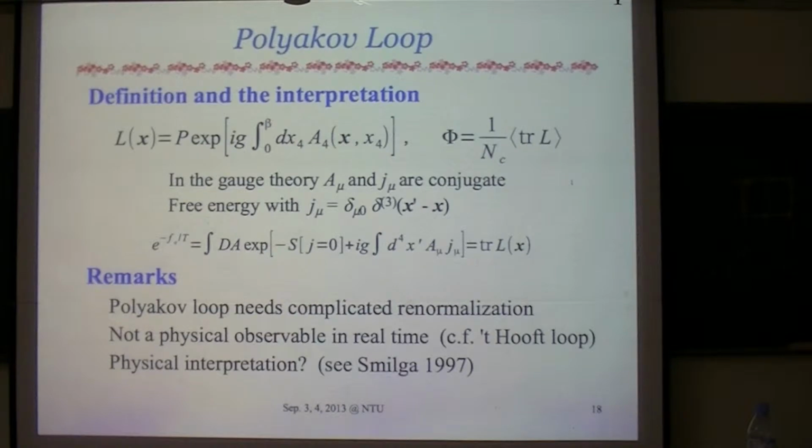Because as I said, the Polyakov loop is the energy difference in the presence of a single quark. And you know that in the gauge theory, the current and the gauge fields are conjugate variables, and so this interaction must always appear as the A dot J in the Lagrangian.